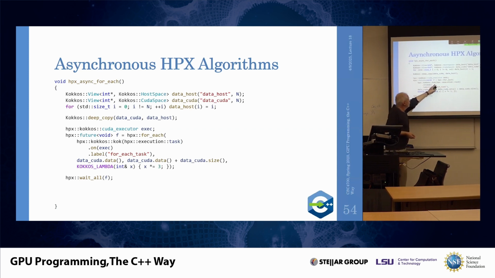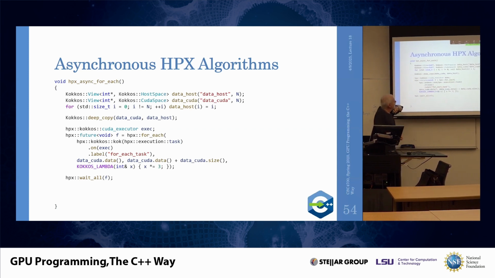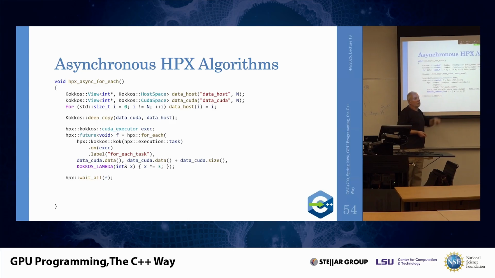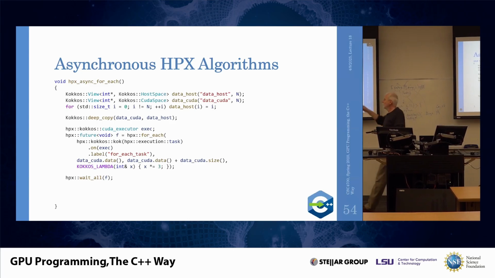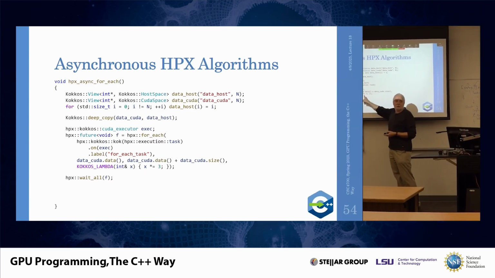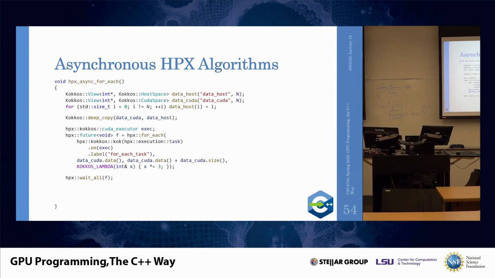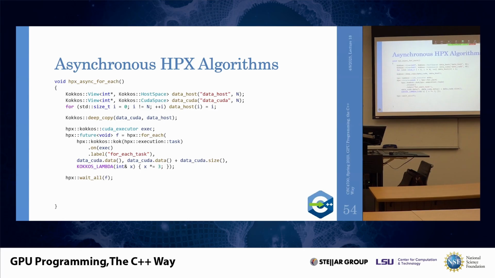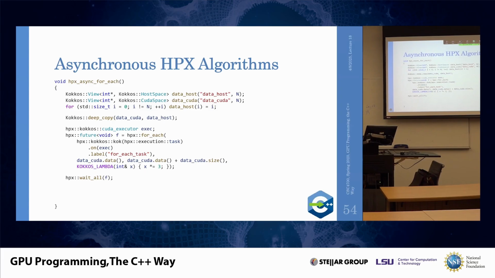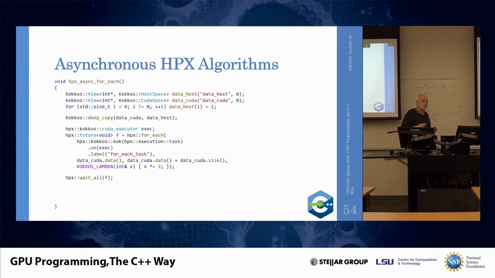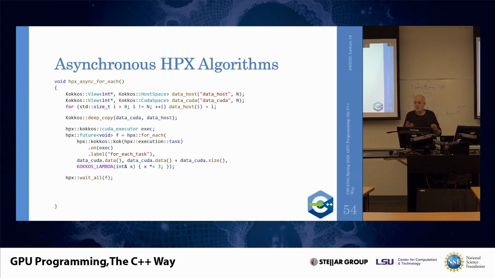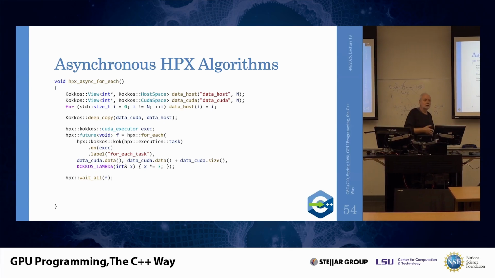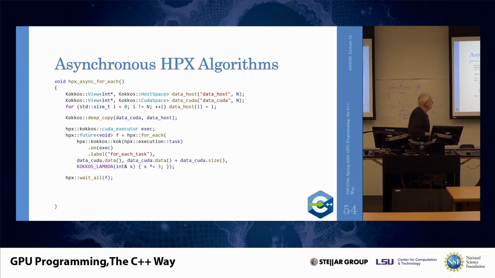And if you pass the asynchronous execution policy, then this algorithm will return right away and will give you a future which will become ready whenever the GPU side of things is done computing. So you can synchronize on the CPU with GPU execution easily and integrate that kernel that runs on the GPU side with your overall execution infrastructure on the CPU side, which is very nice because you can orchestrate your dependencies in a very nice way.